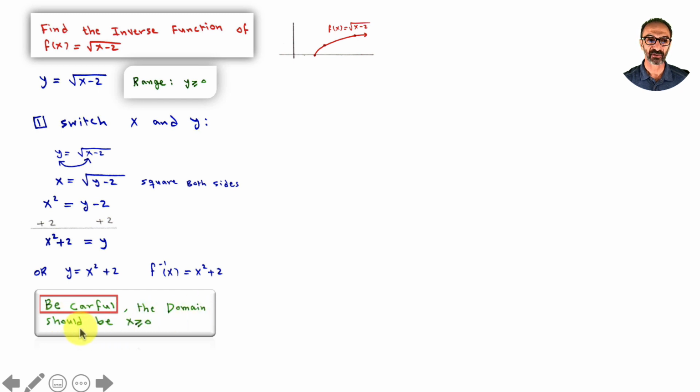The domain should be only greater than or equal to 0. Comes from here. The range of the function is the domain of the inverse. If this is from 0 to infinity, the domain should be from 0 to infinity. So we have f inverse of x equals x to the second plus 2, such that x should be greater than or equal to 0.